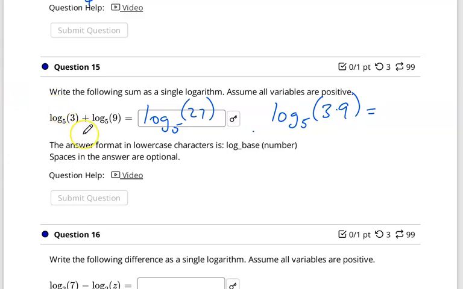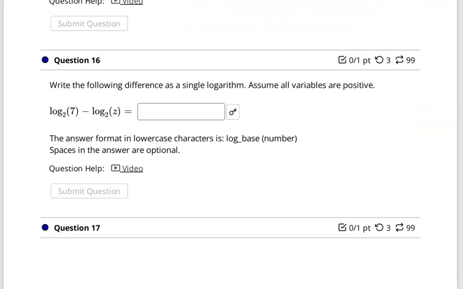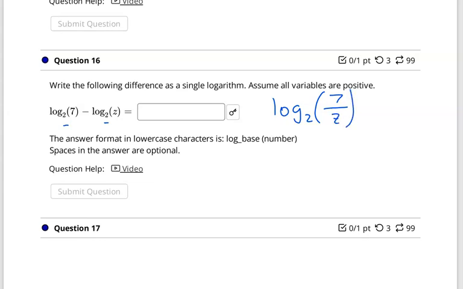Just going the other direction, rules of multiplication. Rules of division, well, that's the log base 2. Remember, the bases have to be the same. Base 2 of 7 divided by z. That's why I do the line on the z, because it looks so much like a 2. So there it is, log base 2 of 7 over z.